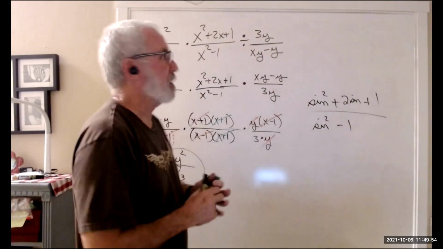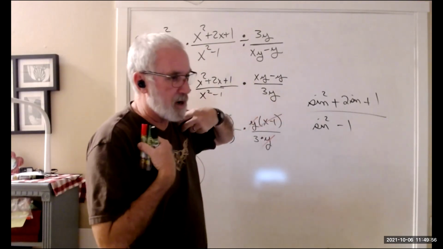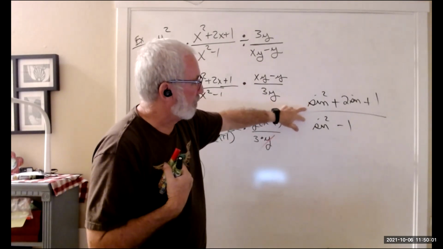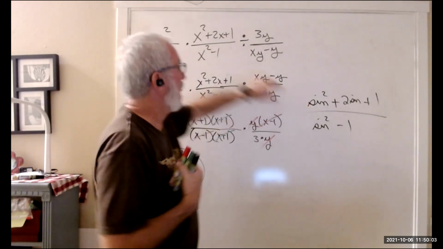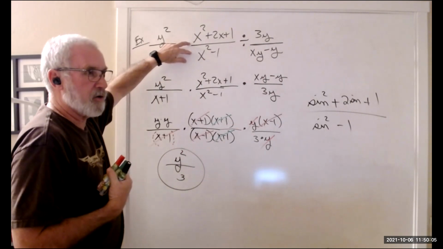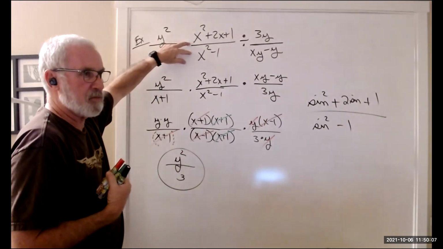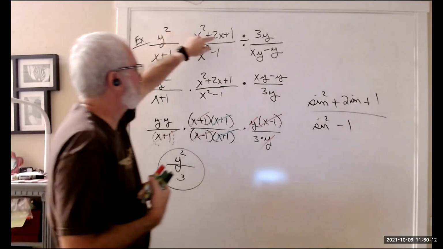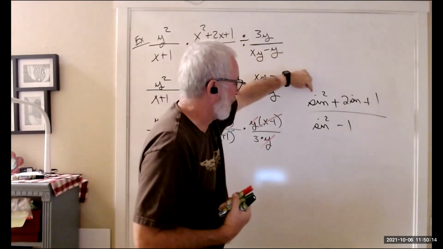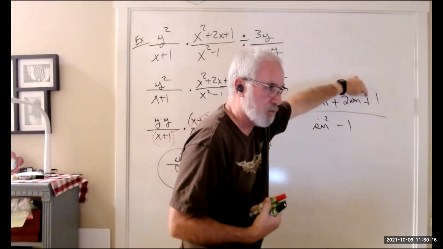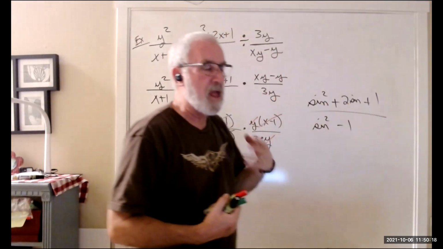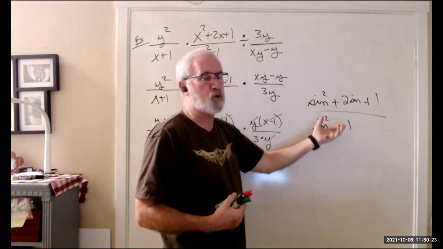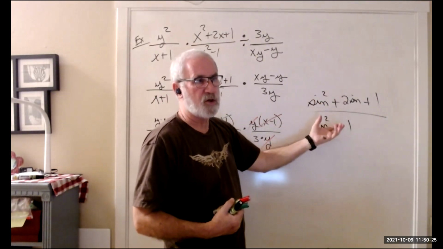So from my point of view, this problem and this problem right here are exactly the same. Instead of being x squared plus 2x plus 1, I wrote sine squared plus 2 sine plus 1. They're exactly the same. And we want to learn how to simplify. These are called trigonometric expressions.